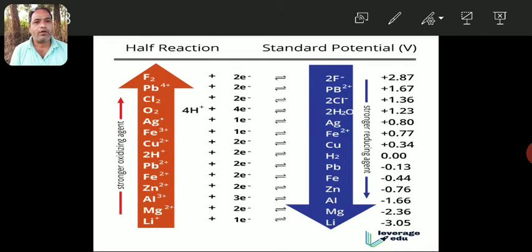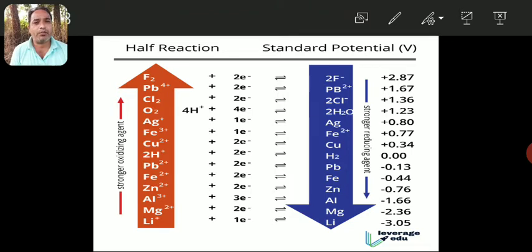Similarly, for Pb4 plus plus 2 electrons, a reversible reaction, gives Pb2 plus, 1.67 volt.